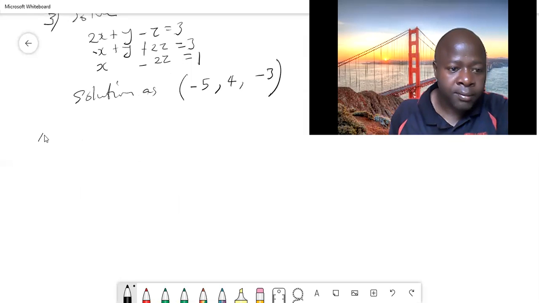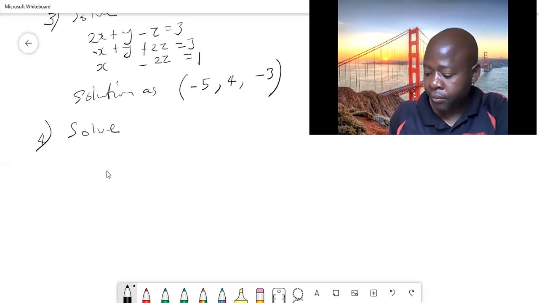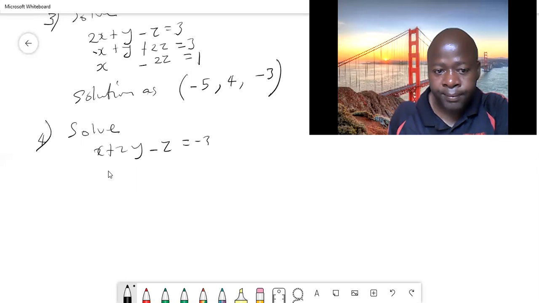Another example. Solve x plus 2y minus z equals negative 3, 2y minus 2z equals 1, and x minus y plus 2z equals 3.